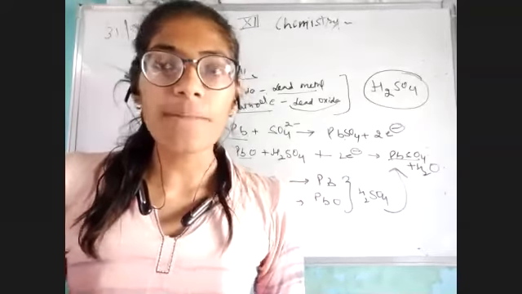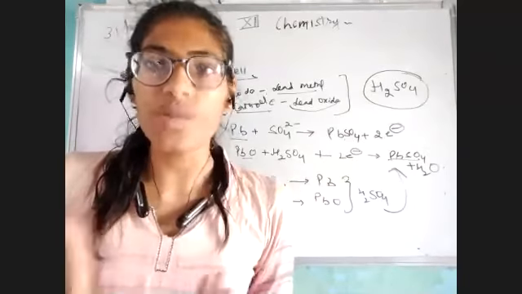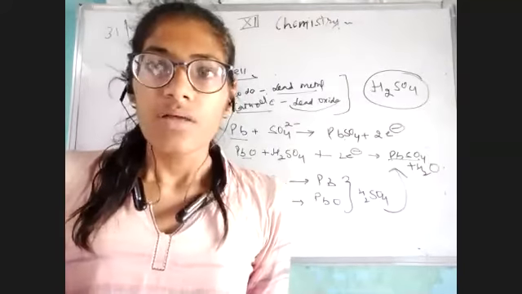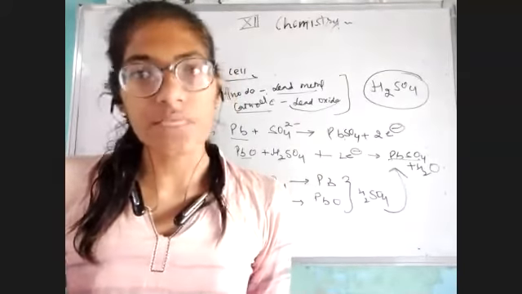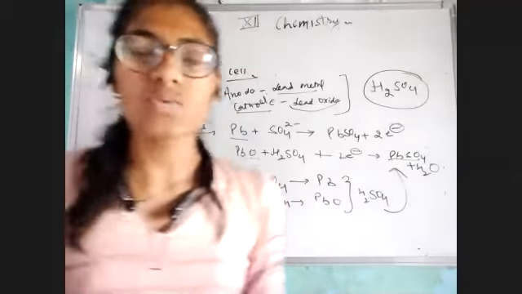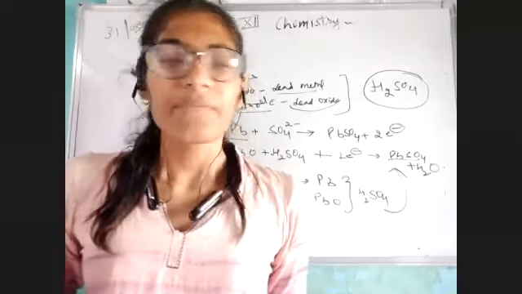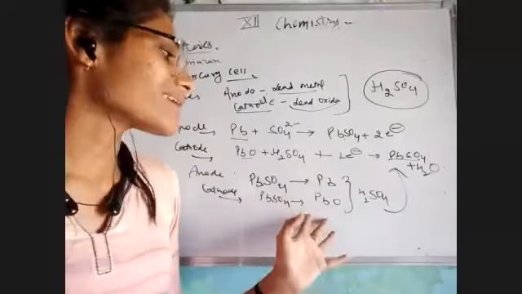Now, one more point. As we have seen two examples in primary batteries, we will see another example of a secondary battery also, the chromium battery, but that is very expensive and we do not need to memorize the equation.